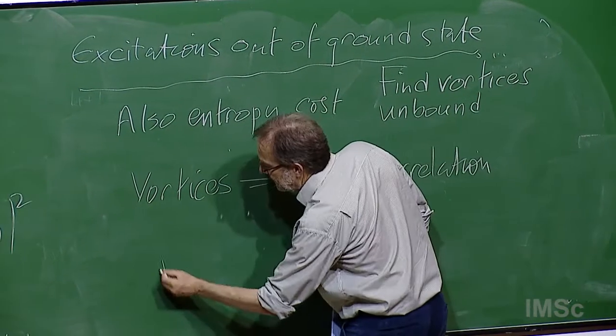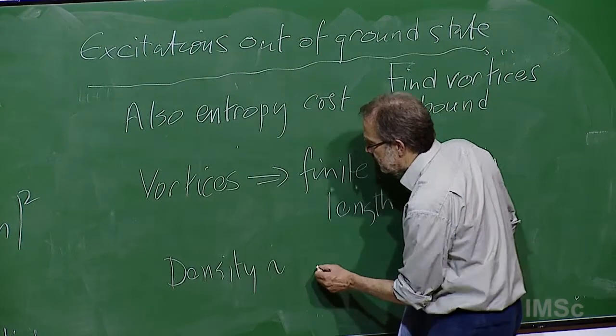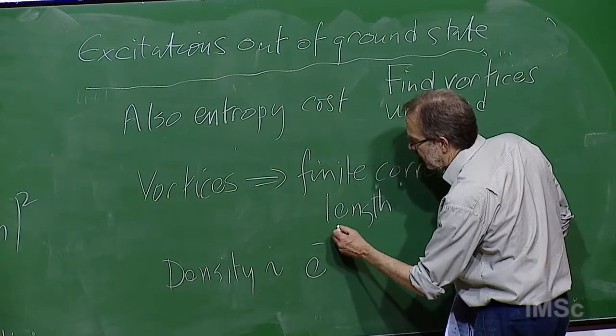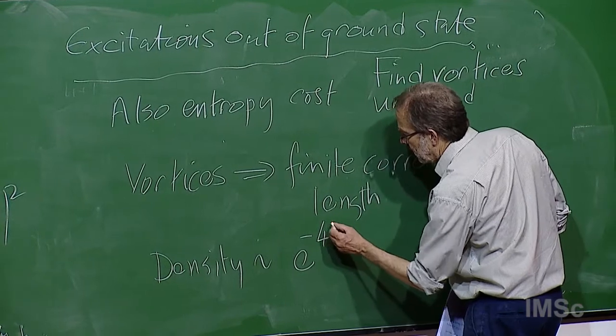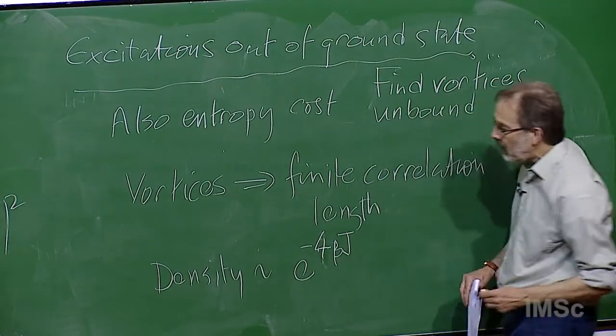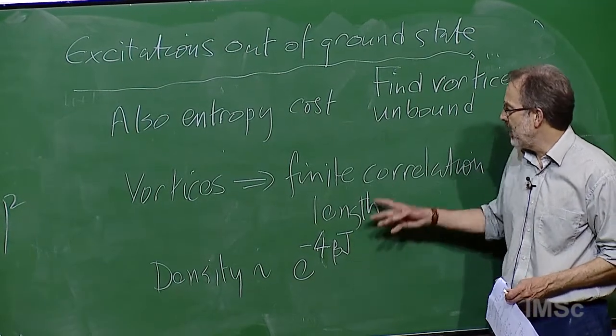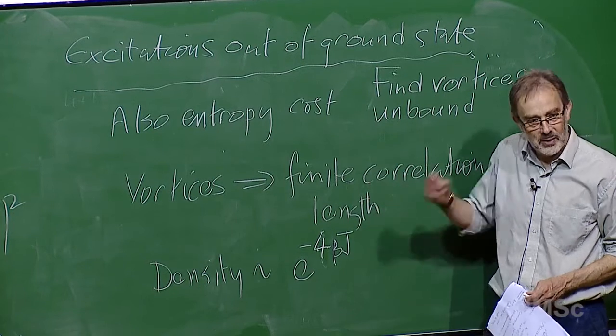And their density, as I said, was controlled by the Boltzmann factor. So their density gets low as you go to low temperatures, which makes the correlation length diverge.